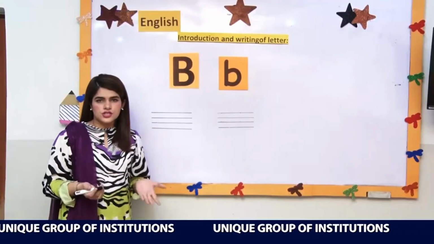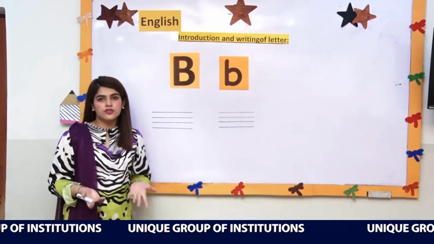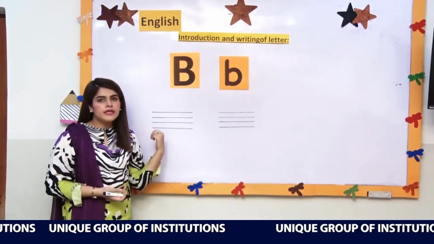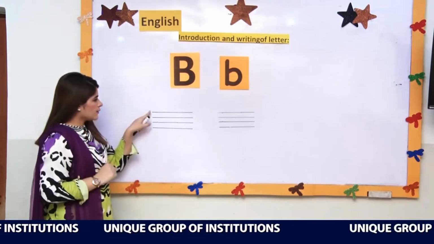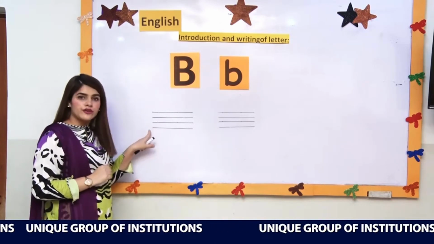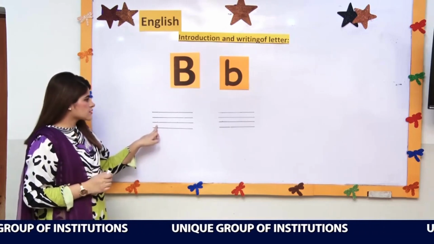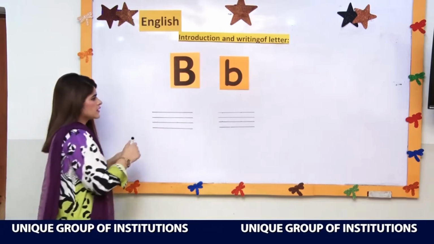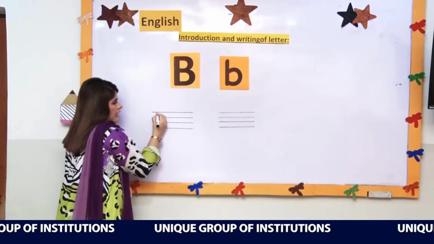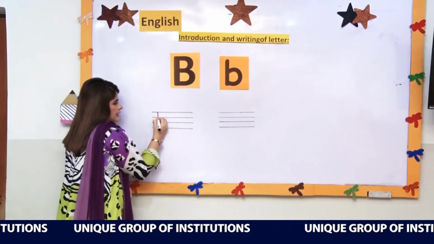So after the introduction and vocabulary and also the sound of B, we are going to write B on the board. So you can see here we have 4 lines, 1, 2, 3 and 4. So I am going to write first here capital B. Starting from the first dot, we have to go down, down, down and touch the line.